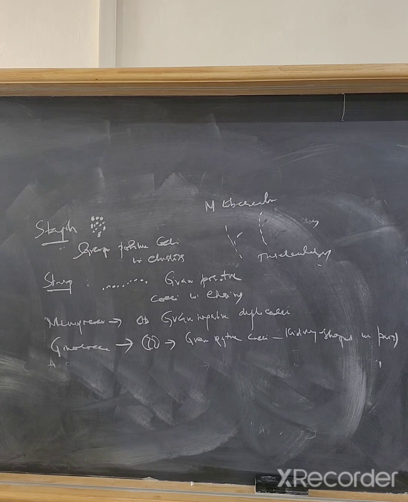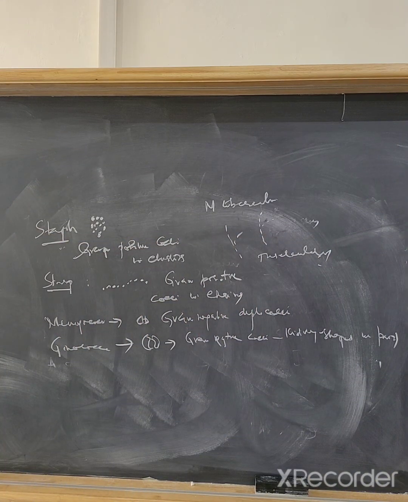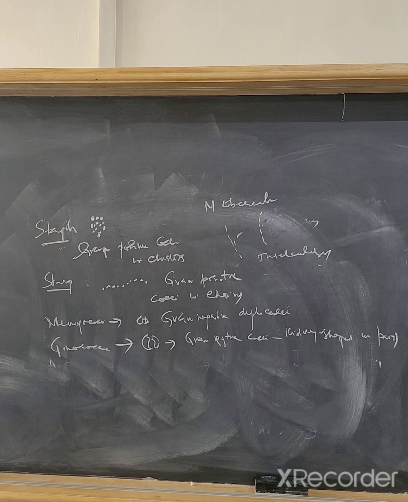Bacillus Calmette-Guerin. Here, a bovine strain of tubercle bacilli, attenuated, is given to prevent human tuberculosis.